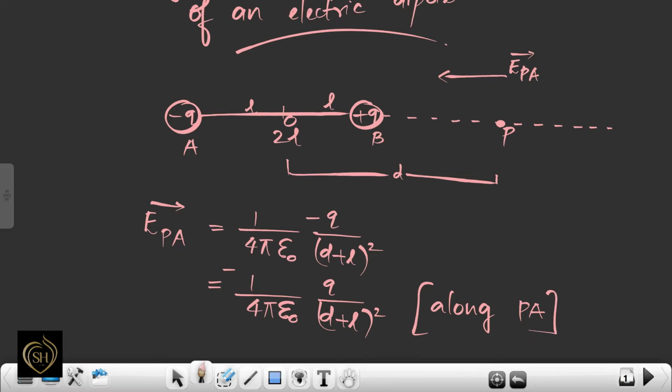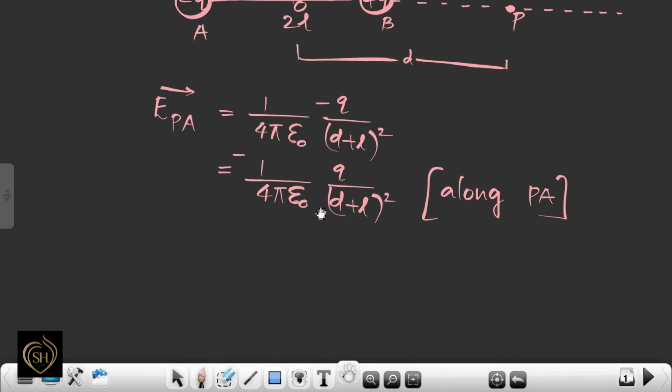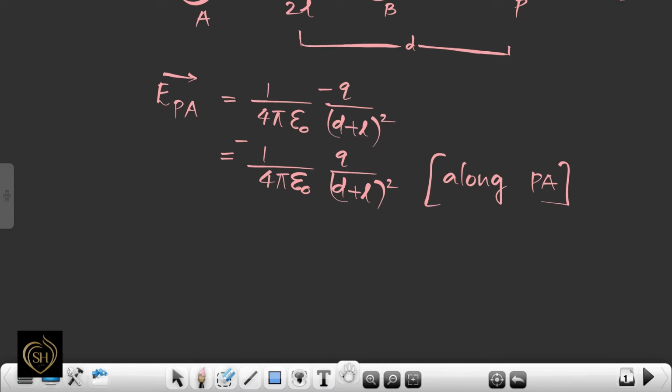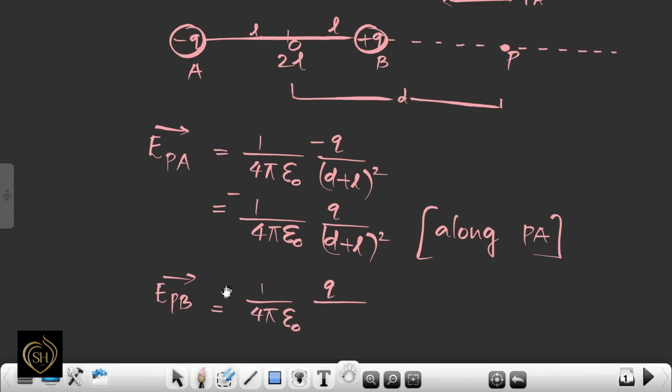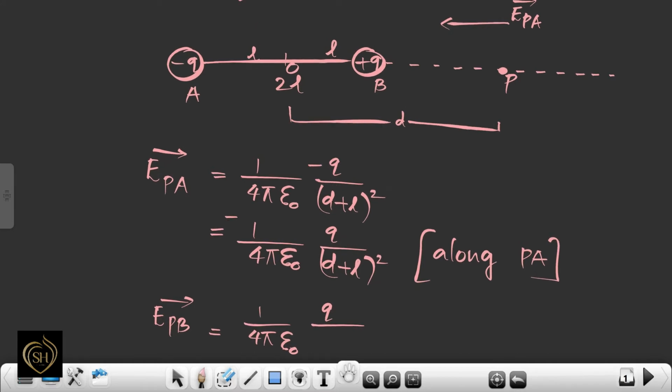Similarly, we can find out EPB, which is the intensity of electric field produced at P due to plus Q charge. EPB is also a vector quantity. It is equal to 1 by 4 pi epsilon 0 Q divided by distance square. What is the distance between P and B?